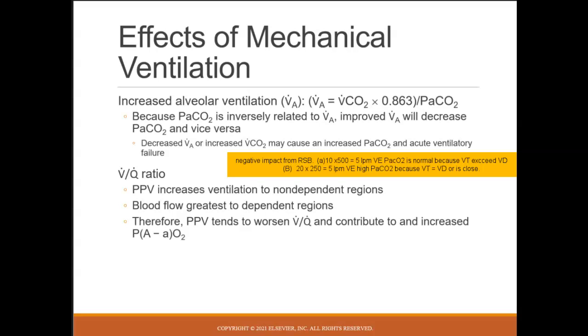There's a figure in your book, 47.5, that talks about how sometimes your lungs are going to get a different distribution of ventilation to perfusion.